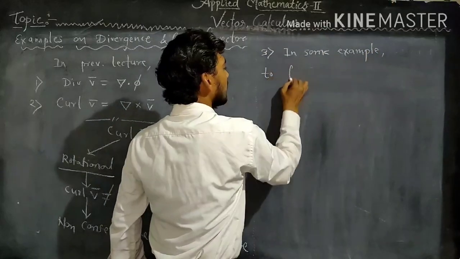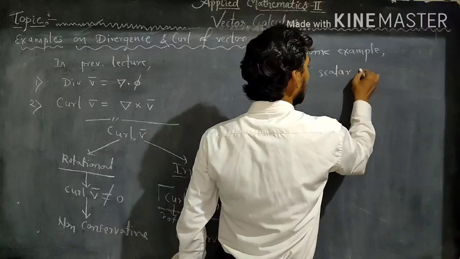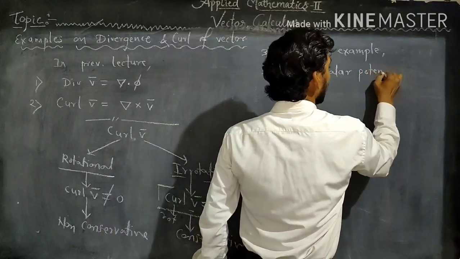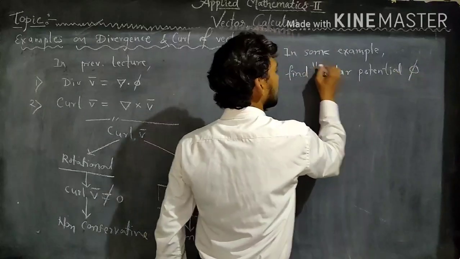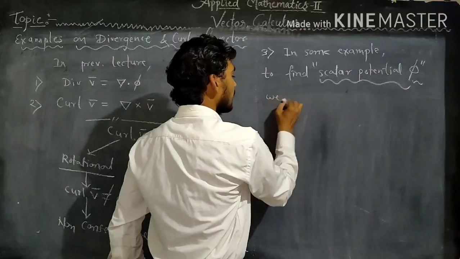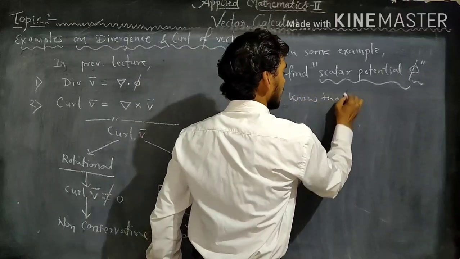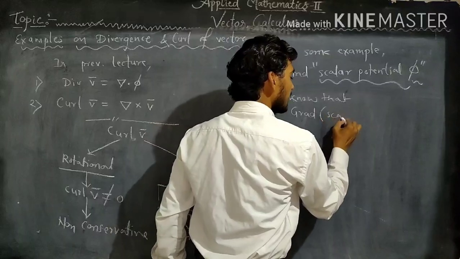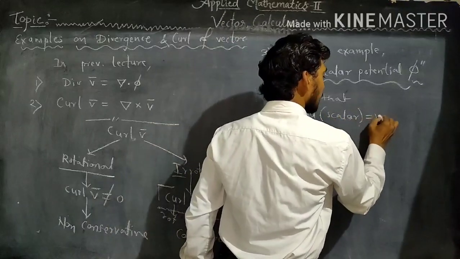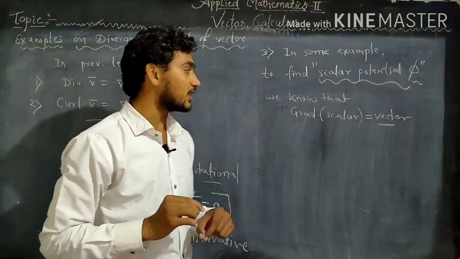To find scalar potential phi, we know that the gradient of scalar function is equal to vector, that we have seen in previous lecture.